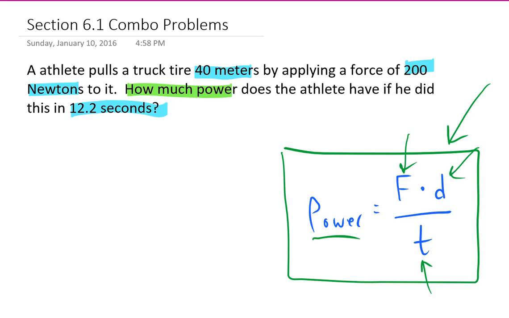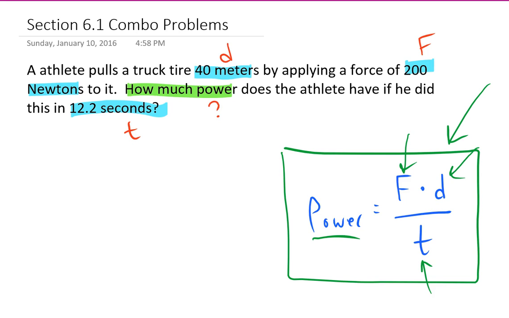Since it's not an equation triangle problem, I'm going to do a little more labeling than in the last ones. The 40 meters, that is our displacement. The 200 newtons is our force. And the 12.2 seconds, that is our time. And how much power, that's what we're looking for.